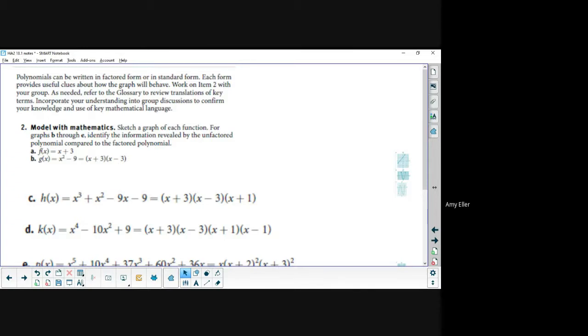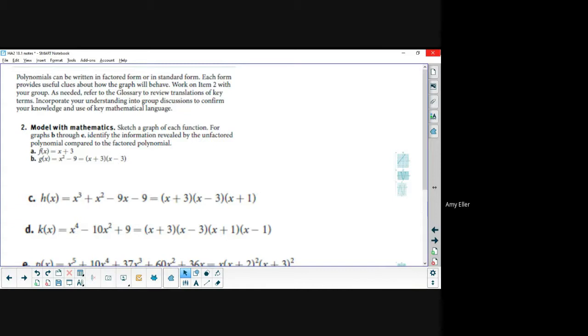N is the degree. So if I have a degree 10, it can have 9 humps or bumps or extrema, mins and maxes together. So it cannot have 9 mins and 9 maxes. It can have 9 total mins and maxes.